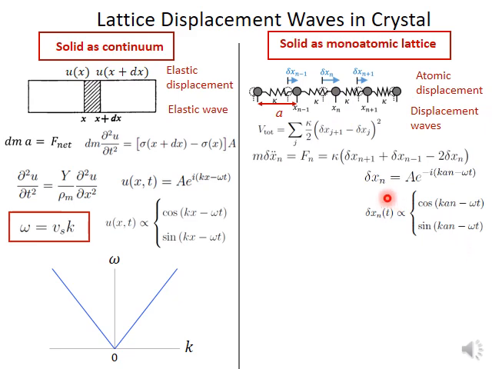As you can imagine, you can form as many equations of motion as you have atoms, so you would have N equations and N initial conditions, and the corresponding displacements for N atoms, where capital N is the total number of atoms in the crystal.